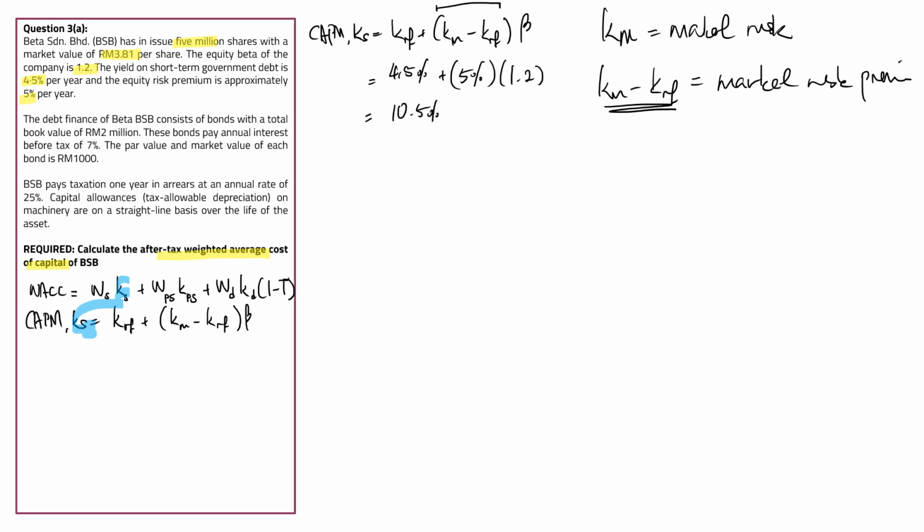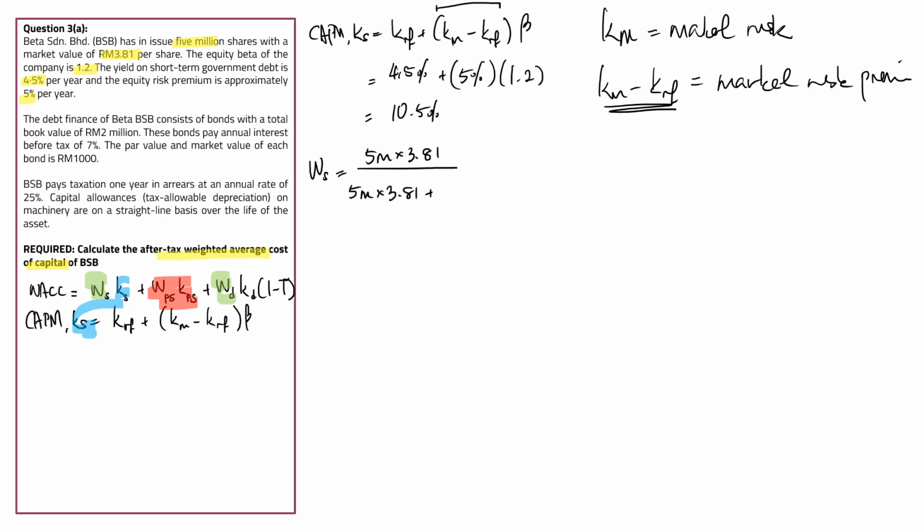Next, let's calculate the weightage. They actually did not mention any preferred stock, so let's just ignore it. Let's try to calculate the weightage of the common share and the weightage of debt. Weightage of stock is, let's see, 5 million shares times 3.81 over the same thing again.